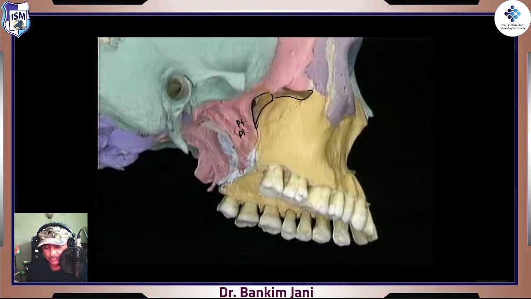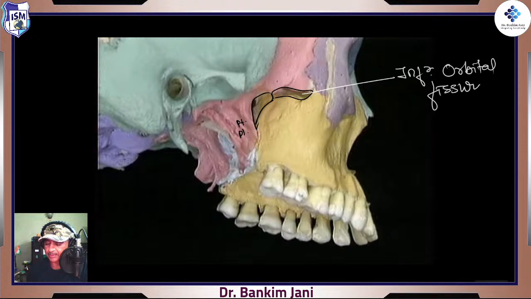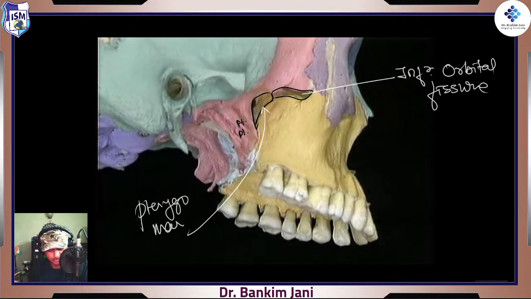And it is this one which is inferior orbital fissure, right? So this is inferior orbital. Inferior orbital name is given simply because there is someone called superior orbital fissure. That's it. This name is surely more scientific. So it is pterygomaxillary fissure.